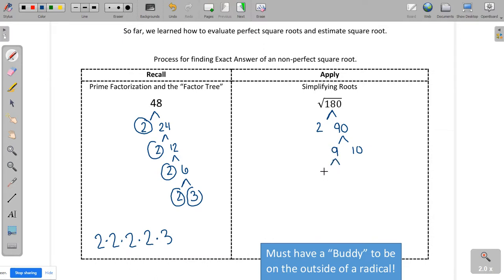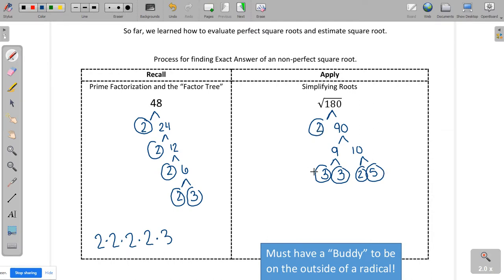That can be broken into 3 times 3. And 10 we can break into 2 times 5. Now 2 and 5 are prime numbers, as are 3 and 3. So circle everything that is at the end of your branches. So these 5 numbers are at the end.